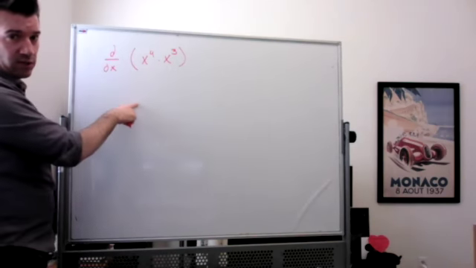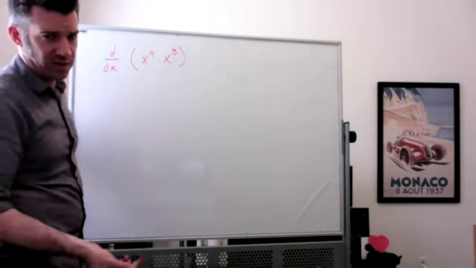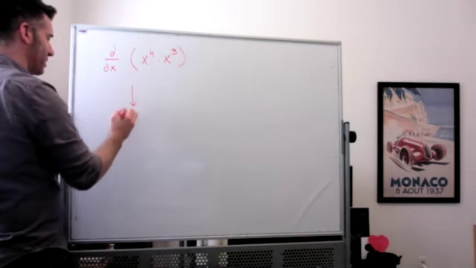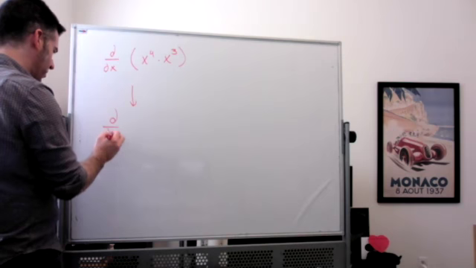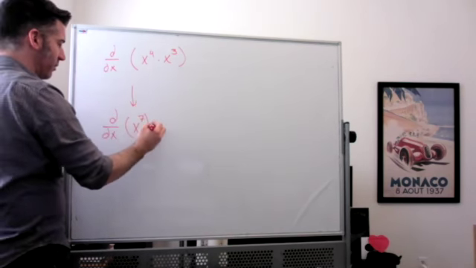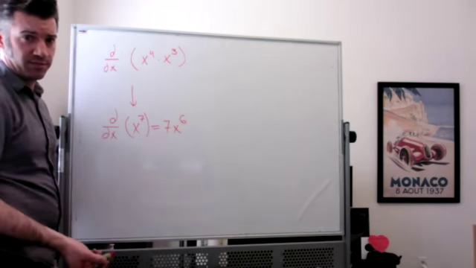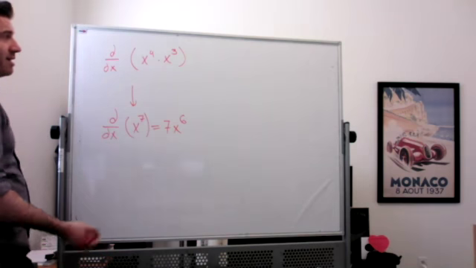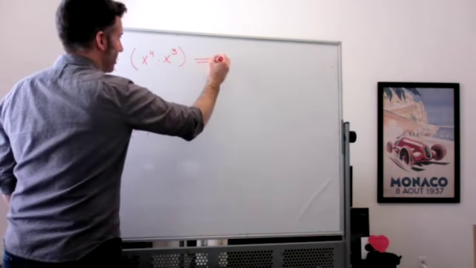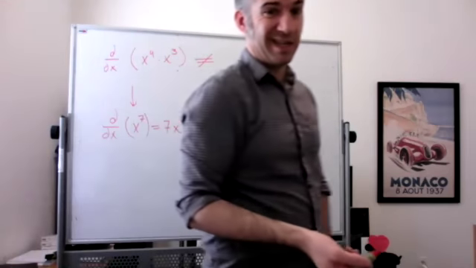So one way we can differentiate this, the usual way you would do something like this. Someone said, what's the derivative of x to the fourth times x cubed? Well, I know how to multiply those things together. That's x to the seventh. And we use the power rule. You get 7x to the sixth. No big deal. So I want to point out that you cannot take the derivative of each part separately and multiply it together.